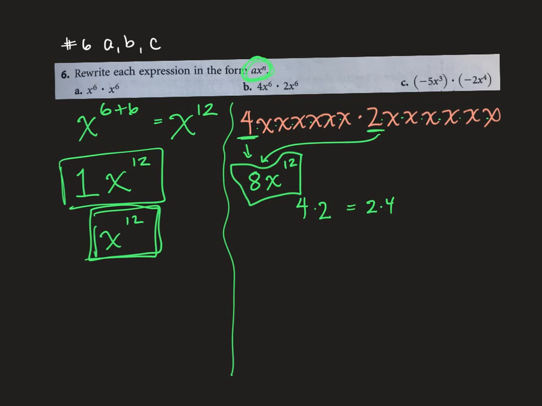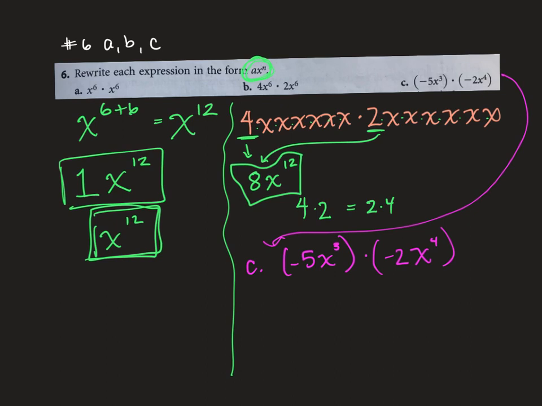This last one right here, I'm going to just write down here. So C says negative 5x cubed times negative 2x to the 4th. And don't get thrown off by the parentheses here. We're just multiplying things. So I could rewrite this part as negative 5 and then 1, 2, 3 factors of x. And I can rewrite this part as times negative 2.